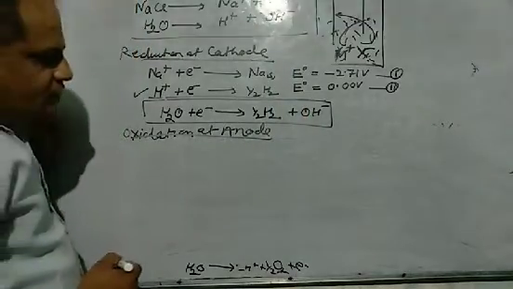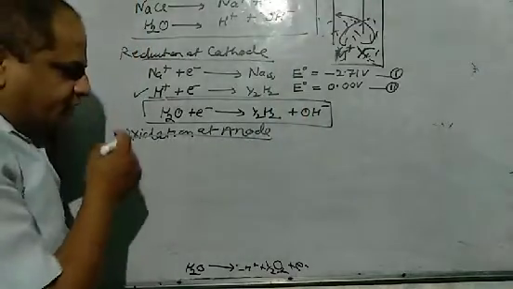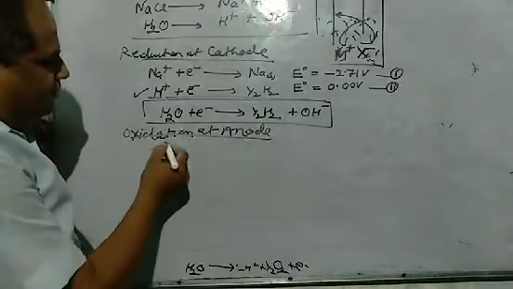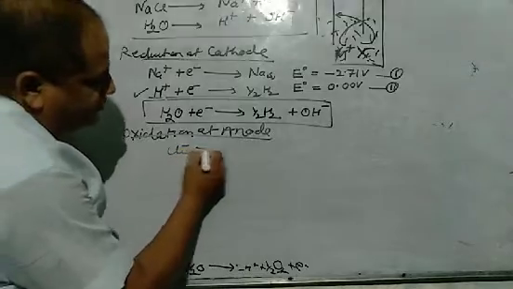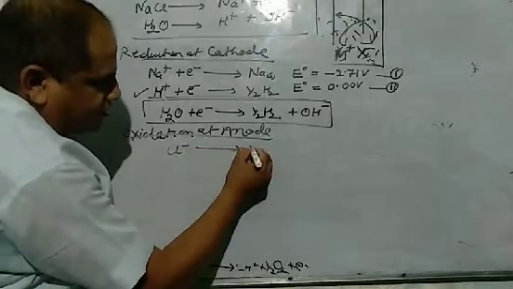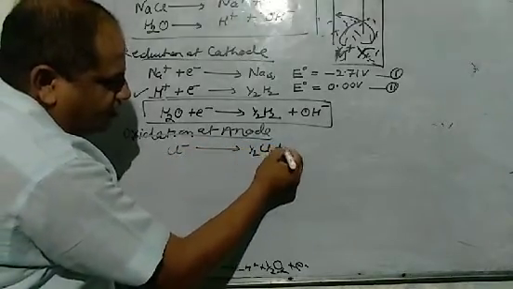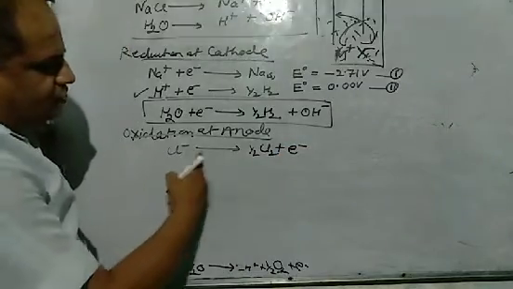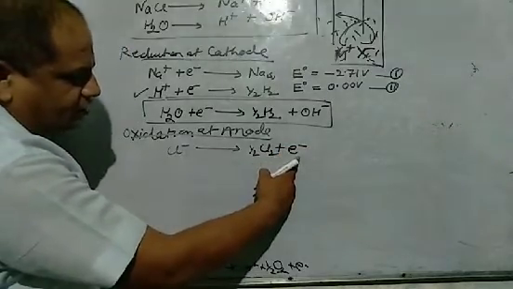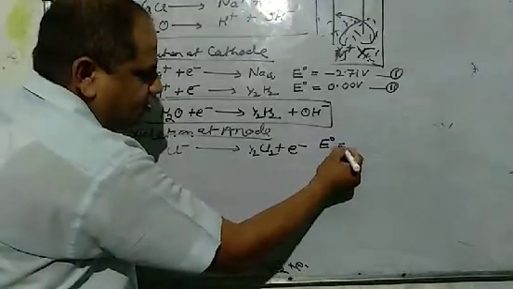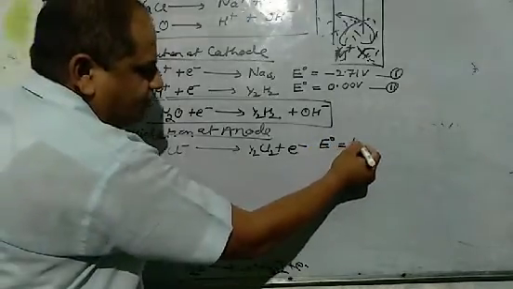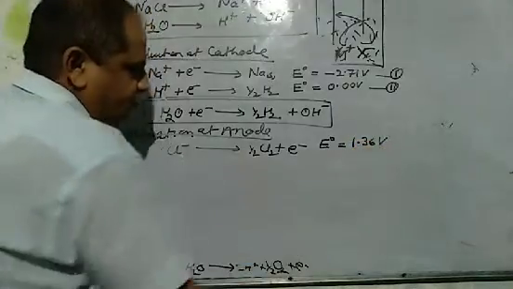So here also at the anode two types of reactions are possible. The first is Cl- gives half Cl2 plus electron. Oxidation means loss of electron. Its standard electrode potential is 1.36 volt.